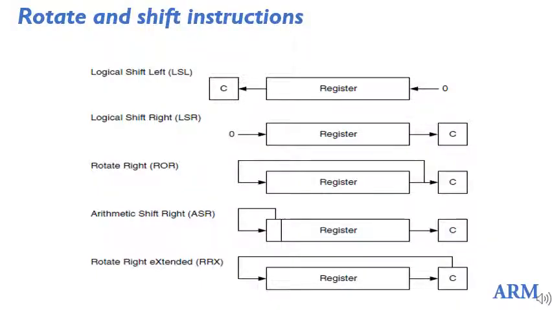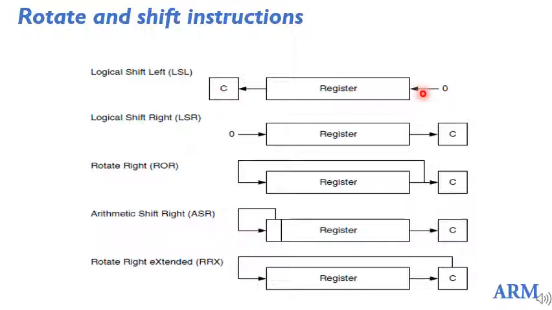The same rotate and shift instructions are demonstrated using this figure. The first one is the logical shift left, that is LSL. If you have the register here and the carry, it is going to shift to the left.